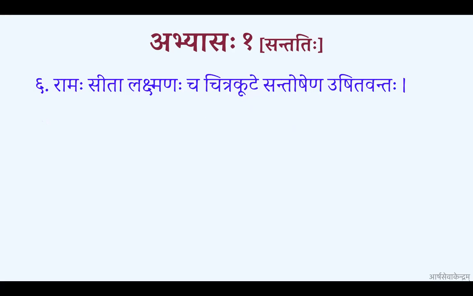Mahodaya, it is nahi pravishanti. Nahi pravishanti. Satya. So there you treat nahi pravishanti as part of the kriya, because hi is just an emphasis. It's not adding any extra meaning to the vakya. You can drop hi in that.